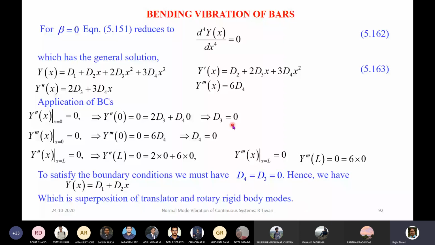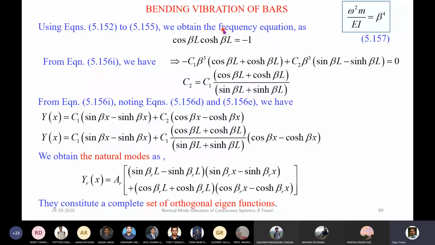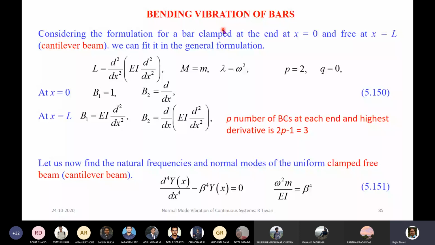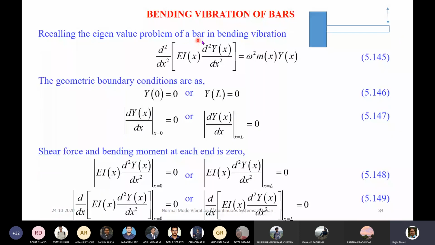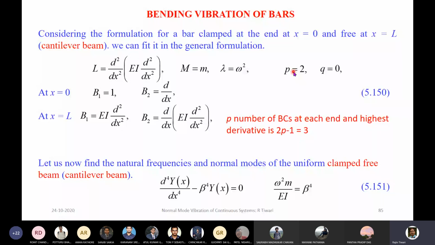So this is the equation. If we go back to the eigenvalue problem equation, this equation, because natural frequency beta is 0, this term will be 0.